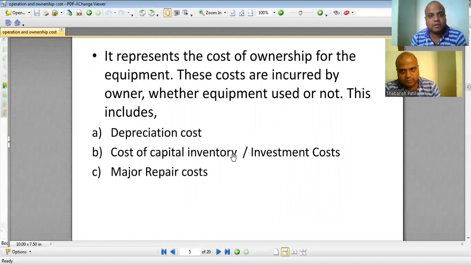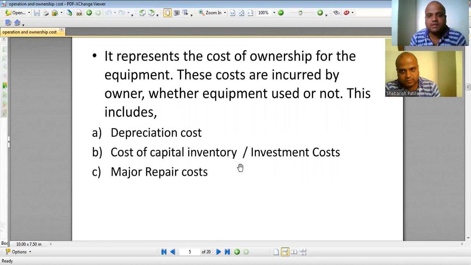But before the scrap value, we will have some depreciation value. Suppose we want to resell any equipment or vehicle in between. We are not going to sell it for the same value we purchased it for. We are going to sell it for a lesser value. That is the depreciation cost.